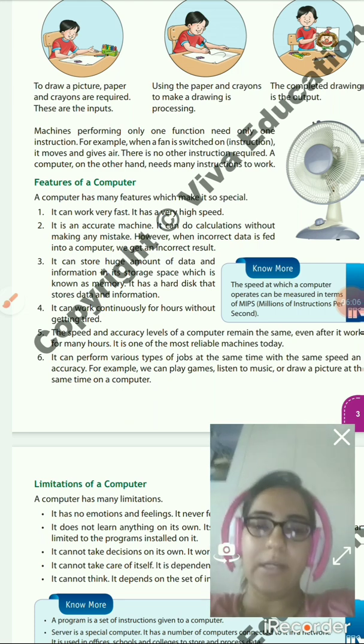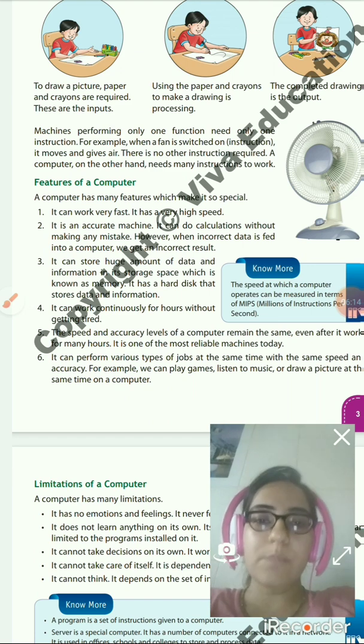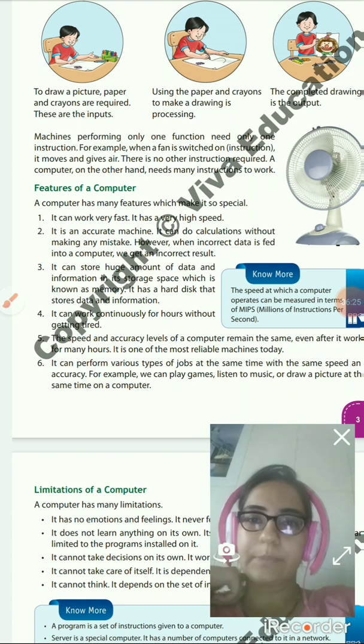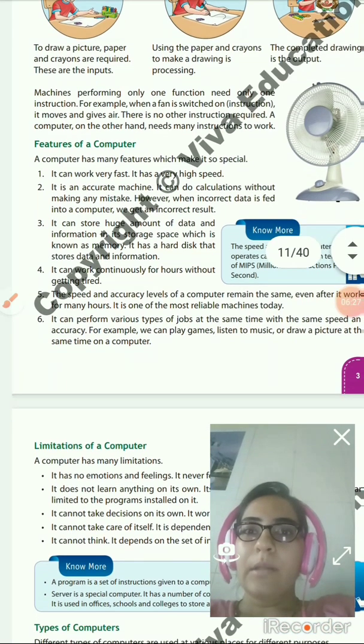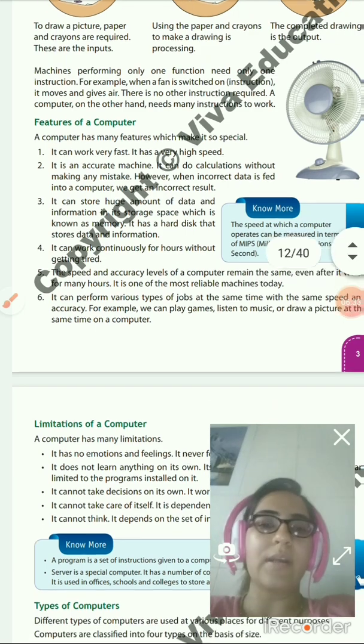If we are calculating as humans, we make many mistakes. If you are counting a sum using your fingers, then it is possible that mistakes happen. But a computer doesn't make any mistake. No mistakes will be found if you are performing calculations using a computer. It can store a huge amount of data and information in its storage space, which is known as memory.